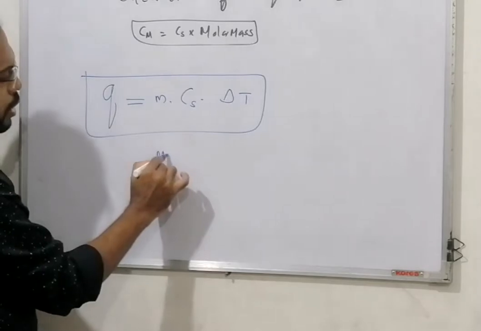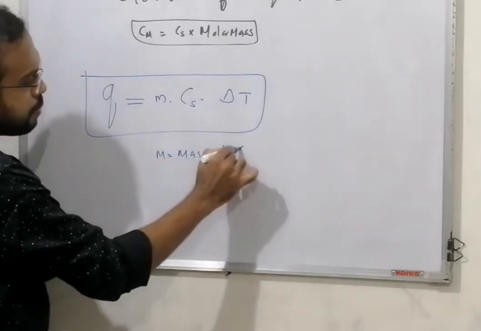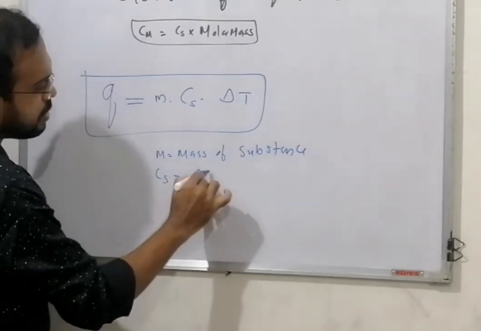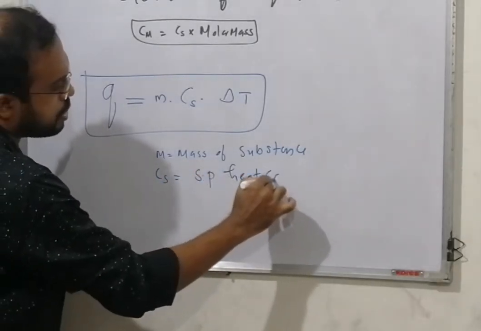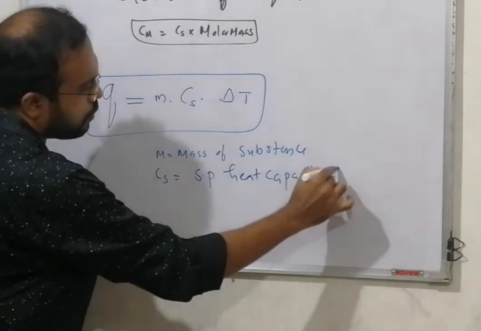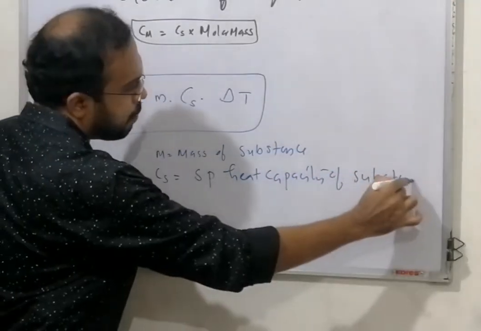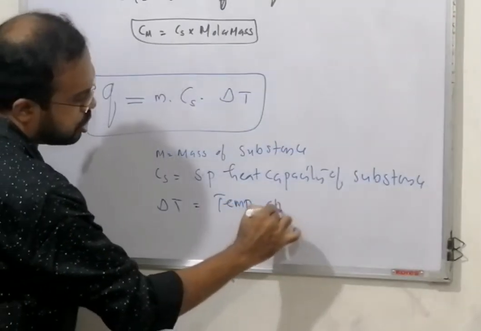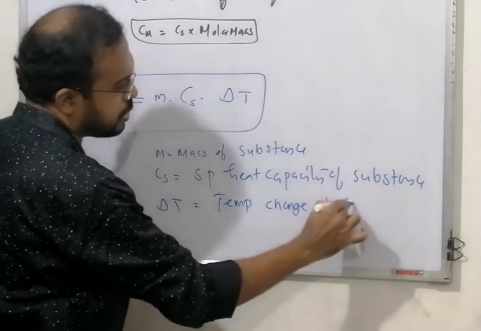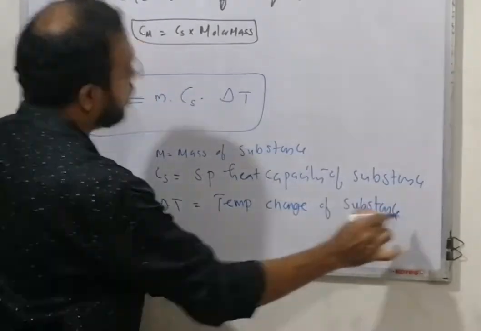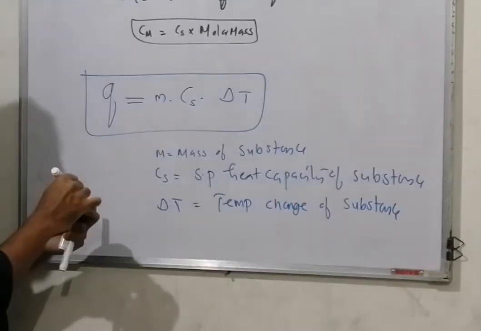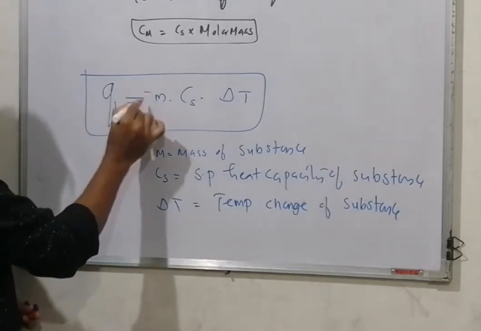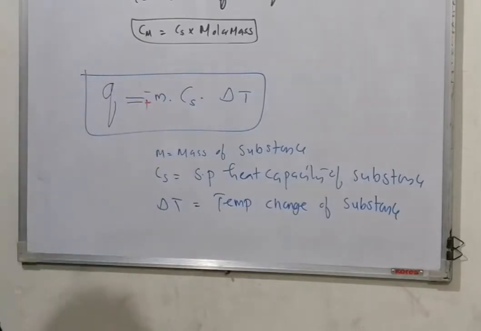M is the mass of the substance, Cs is the specific heat capacity of the substance, and delta T is the temperature change of the substance or system. Q is the amount of heat released or absorbed: if it is released, minus; if it is absorbed, plus.